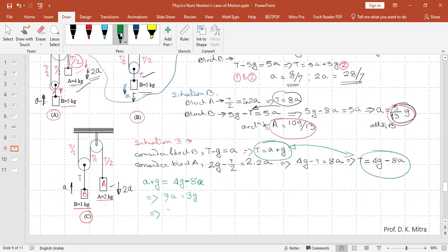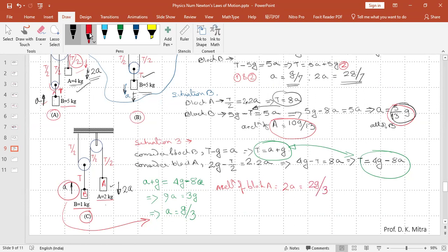So A is equal to G by 3. In this case, the acceleration of block B is G by 3, and the acceleration of block A is equal to 2G by 3.